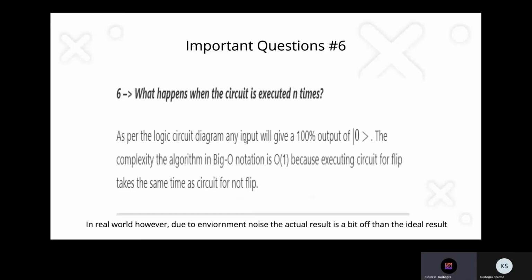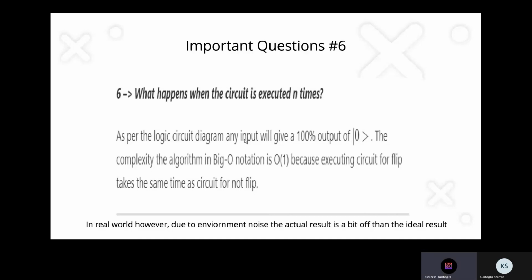So executing the circuit n times, as per the logic circuit diagram, any input by the user will give 100% output of 0. The complexity of the algorithm applied is big O of 1, because no matter what the user does, the circuit returns the same output in the same amount of time.